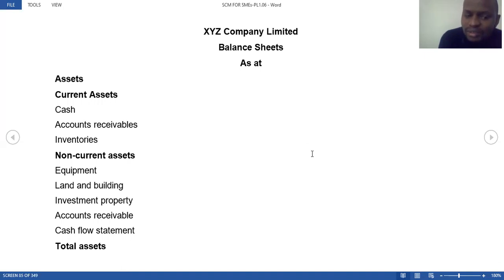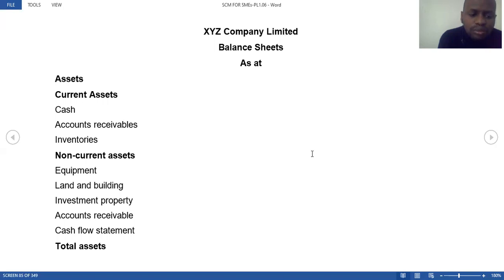And the current assets, remember, form part of the working capital, where we have the cash, we have accounts receivable, we have the inventory. Then non-current assets, we have equipment, we have land and building, we have investment property, and we have accounts receivable or cash flow statement.